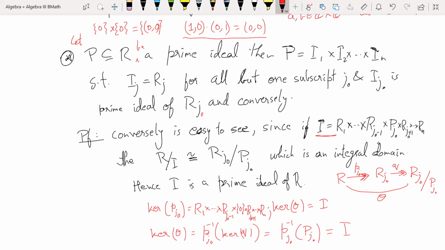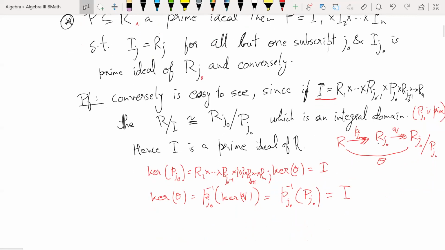Makes sense? Once you have this isomorphism, this is an integral domain, since P_j0 is a prime ideal in this ring R_j0.